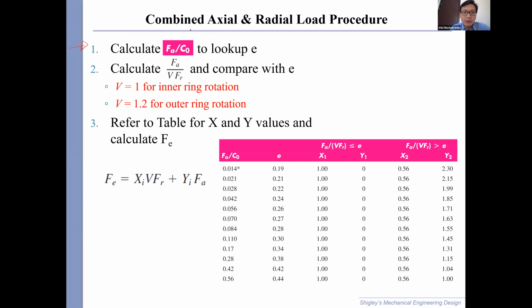Okay, first you calculate this ratio. Second, you calculate this to compare with the e. This is the e. Okay, so first you calculate Fa divided by C0 to look up e. Second, you calculate this quantity and compare it with e. Depending on inner or outer ring rotation, the V will be different in this formula.